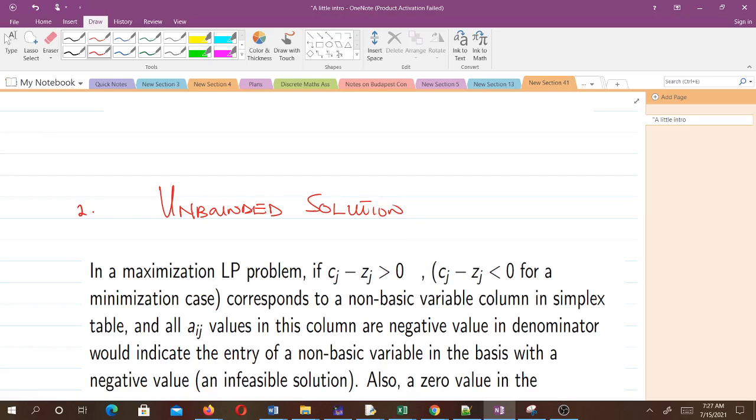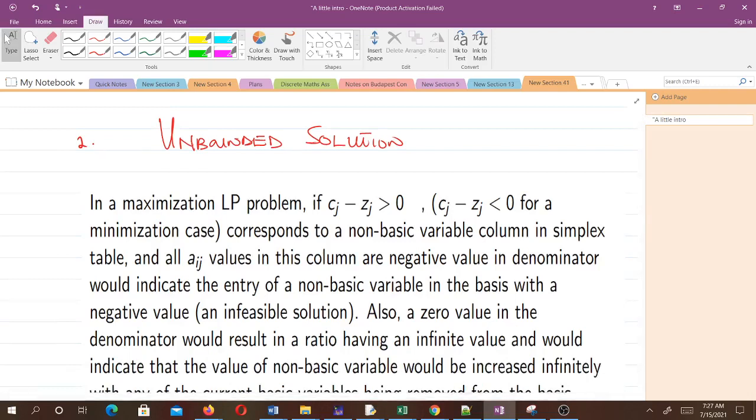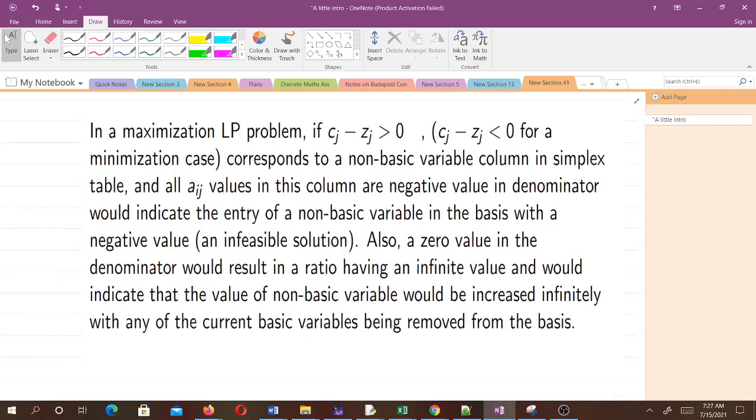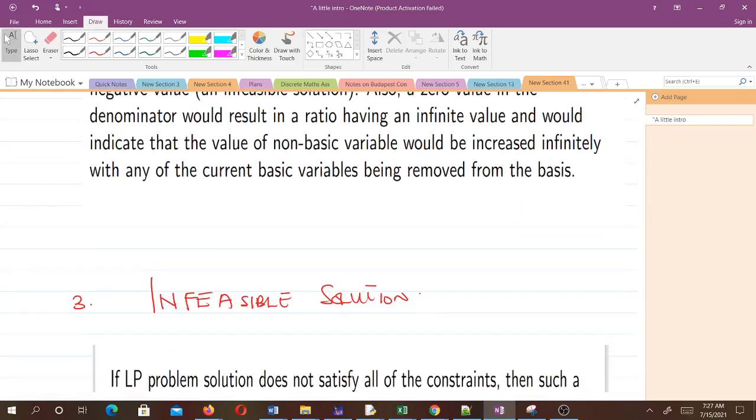It will indicate the entry of a non-basic variable in a basis with a negative value. So also a zero value in the denominator would result in a ratio having an infinite value and would indicate that the value of non-basic variable will be increased infinitely with any of the current basic variables being removed from the basis.